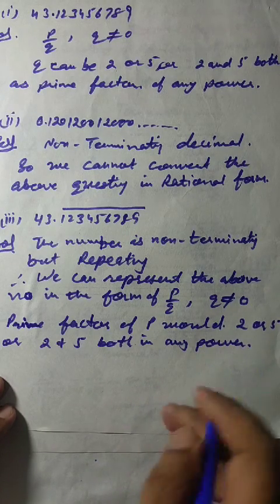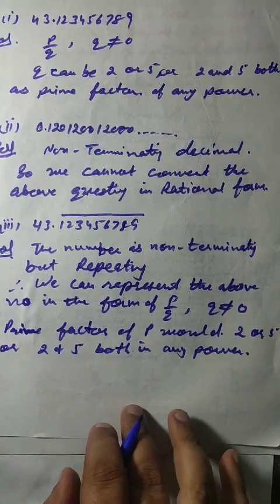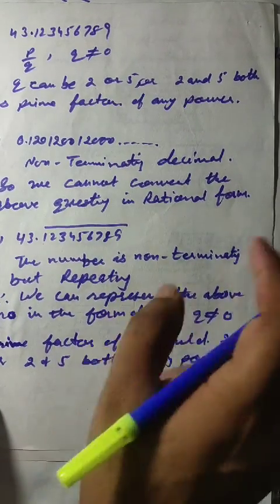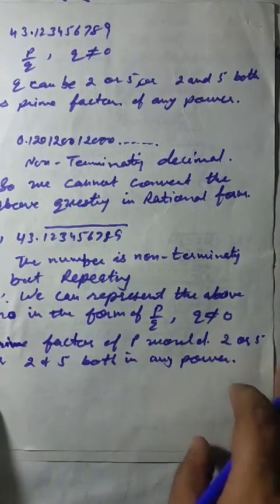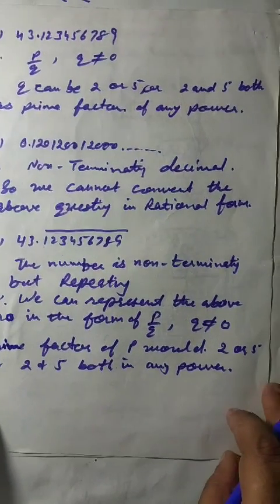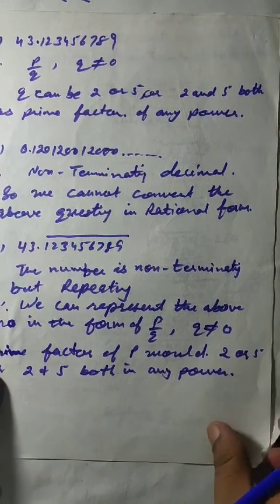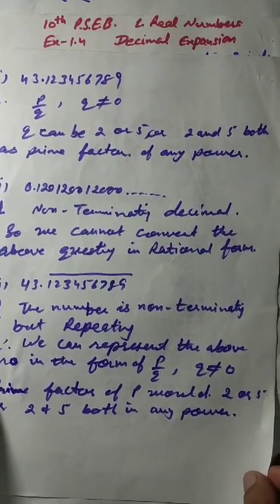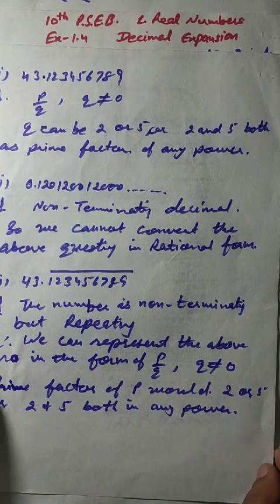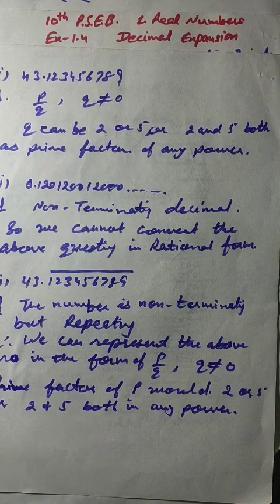So we can represent the number which is non-terminating but repeating in the form of p by q, that is in the form of a rational number. So with this we have completed our exercise 1.4 of real number decimal expansions.